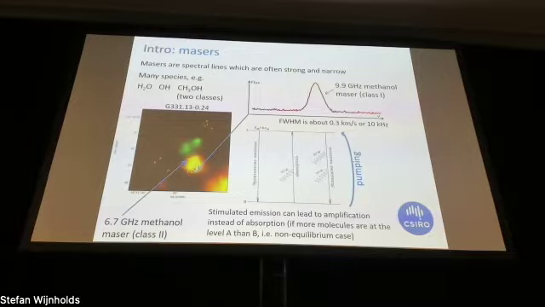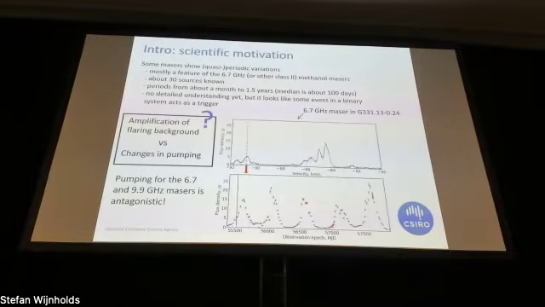In some other cases, you can get much more complicated spectra, and moreover, they can be variable. Here you can see the spectrum of the 6.7 gigahertz maser in the same source, and one component in particular shows periodic variability. Periodically variable 6.7 gigahertz masers were a new thing in the early 2000s when this project was first conceived.